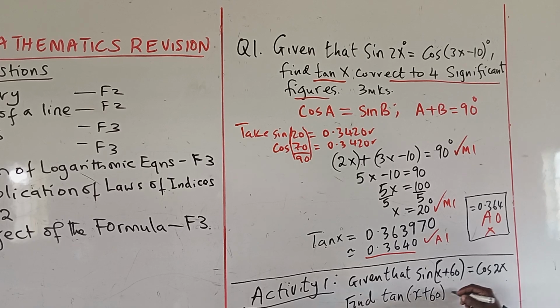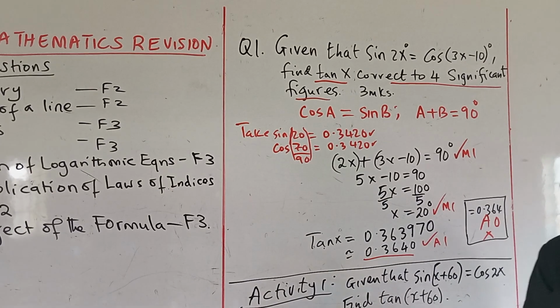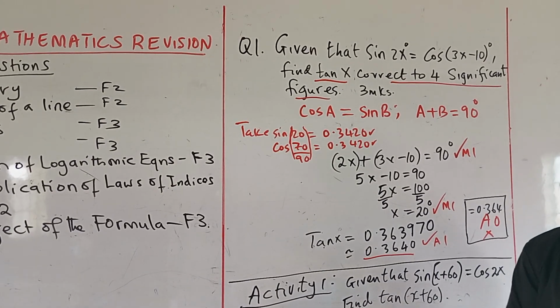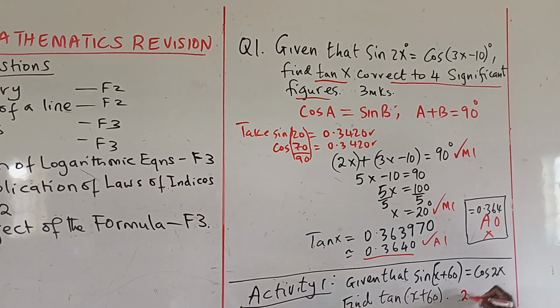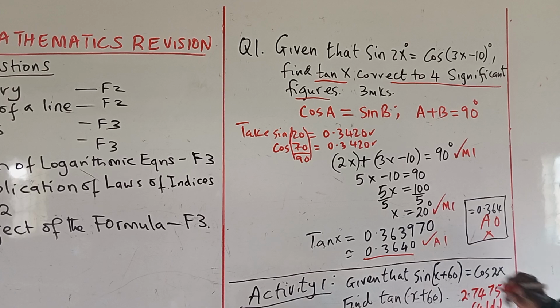Find the value of that. So in your free time, work on this one, and our expected answer is 2.7475, when that answer is to 4 decimal places.